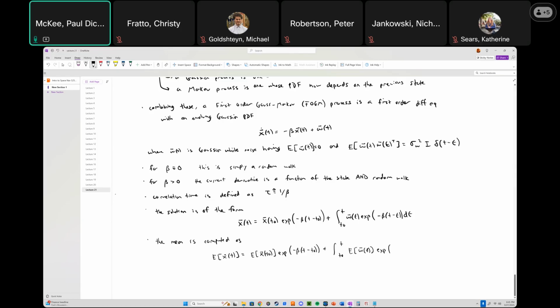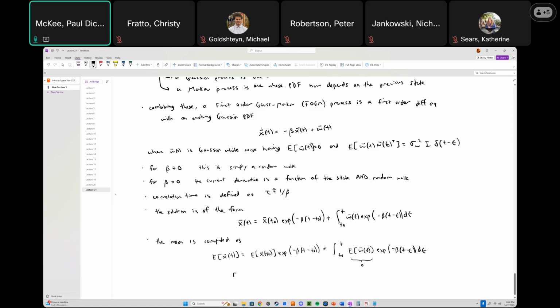I knew I was going to mix those up at least once. Negative beta (t minus epsilon), d epsilon. Which the expected value of our noise is just 0.